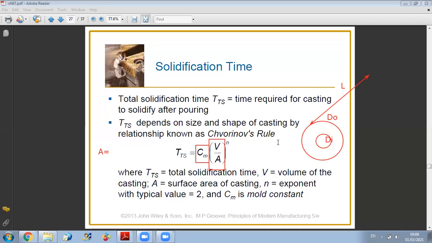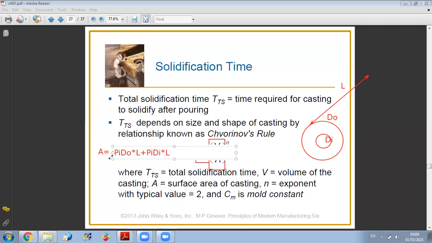First, the external area is pi d outer, it's the perimeter, times the length. This will give you the external area, and the internal area determined by the core is pi d inner times L. So this is how, in this case, you calculate the value of the area.